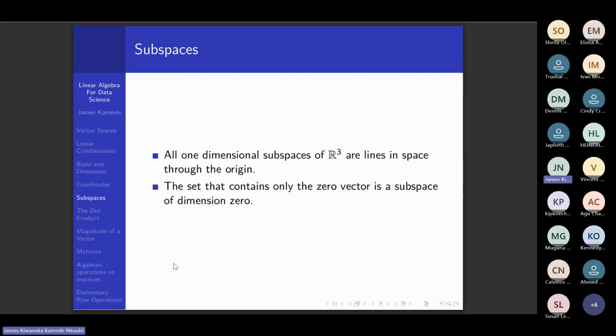We also saw that the set with just the zero vector is a subspace. In this case, we define the dimension of the subspace containing only the zero vector to be zero. Any other subspace will have dimension greater than zero, one or more. The dimension must be an integer though.